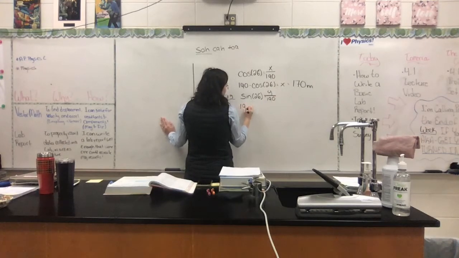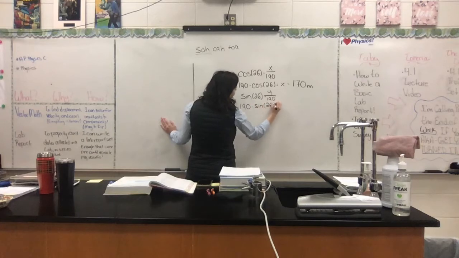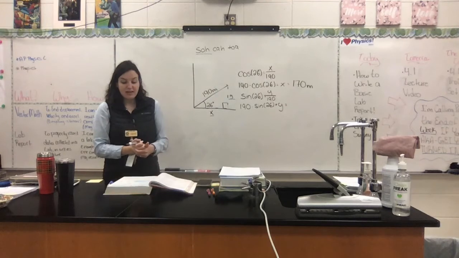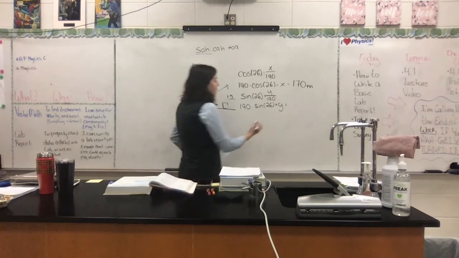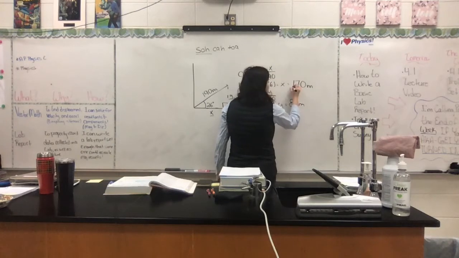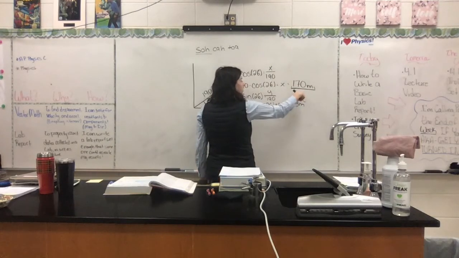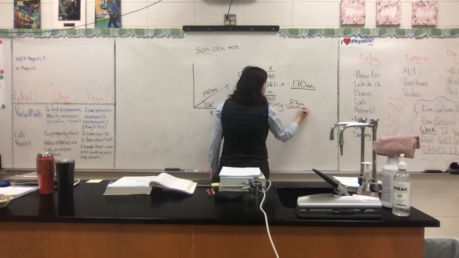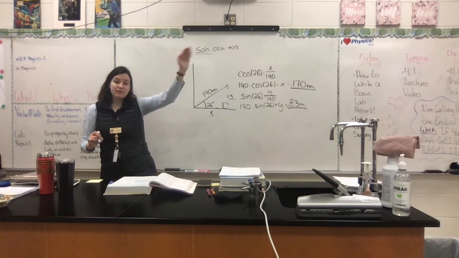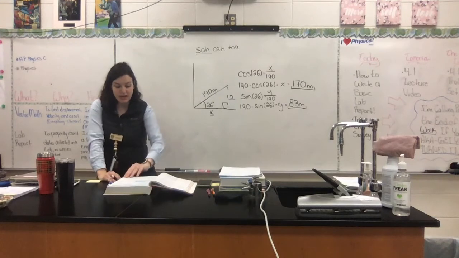So we're going to do 190 times sine of 26 equals y. And that's going to give us a y component of about 83 meters. So this is how far you traveled horizontally, and this is how far you traveled vertically while you were going up to that bunny slope, okay?